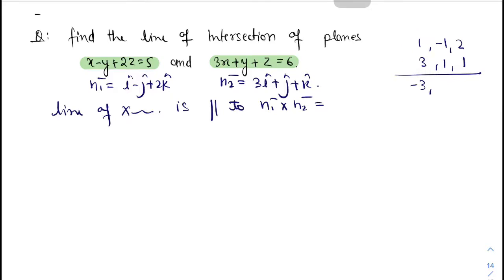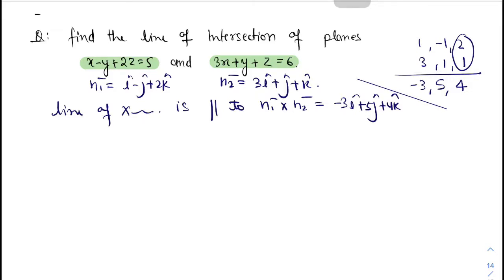Then by blocking the middle terms, 3 into 2 is 6, minus 1, that is 5, and lastly by blocking the last two terms we get 1 plus 3, that is 4. So this is minus 3i cap plus 5j cap plus 4k cap. So this is our parallel vector.